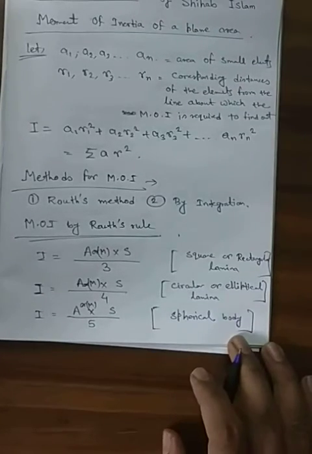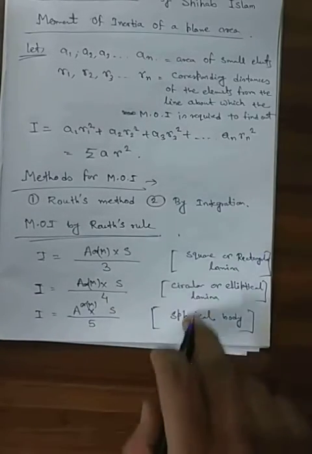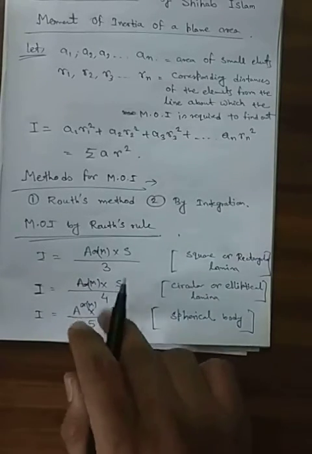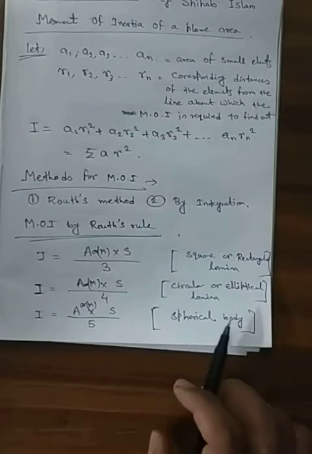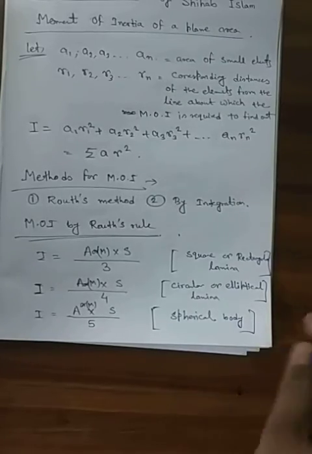So these three different formulas are used for three different types of lamina. First, A into S divided by 3 for square or rectangular, A into S by 4 for circular or elliptical lamina, and the last, A into S by 5, for a spherical body.